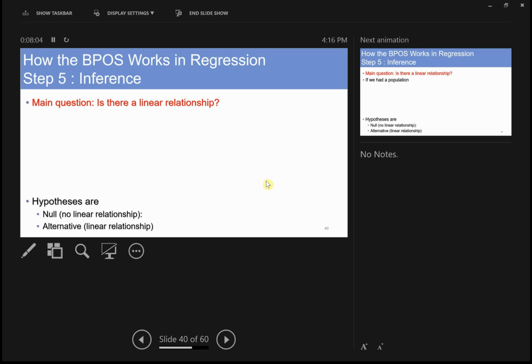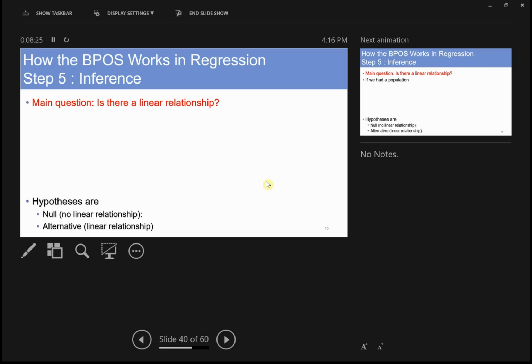The null hypothesis, null means nothing's happening, right? So the null hypothesis is that there's no relationship. The alternative is that there is a linear relationship.